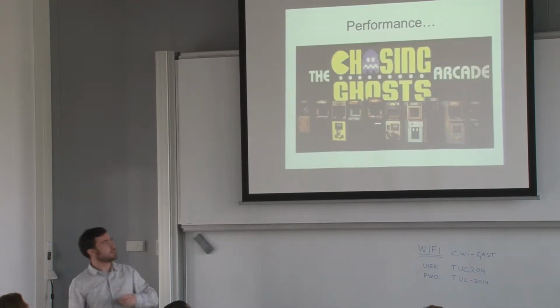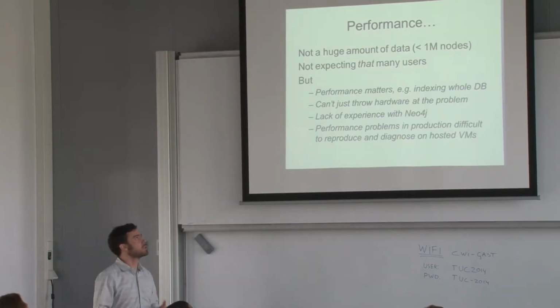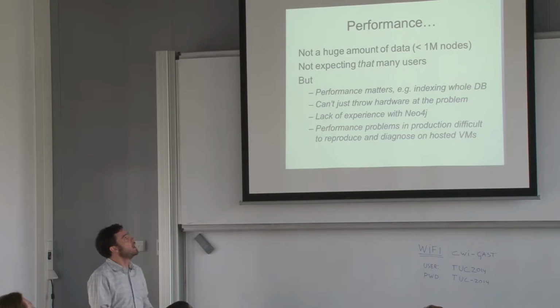Performance. Now I've put this picture up because whenever I'm looking at performance issues, they tend to be quite phantom-like, and they'll appear one day and disappear the next. Now we're not dealing with big data by any means.